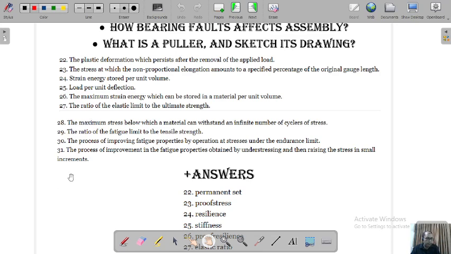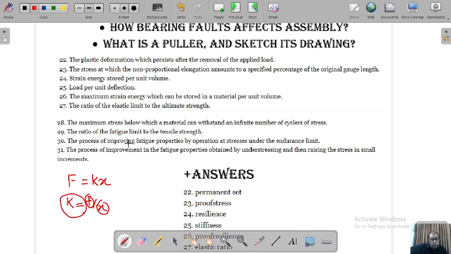F equals Kx, so K is nothing but F upon X. Here X is the deflection. So load per unit deflection. This is load and this is your deflection, and it will give you K of the material, which is the stiffness.